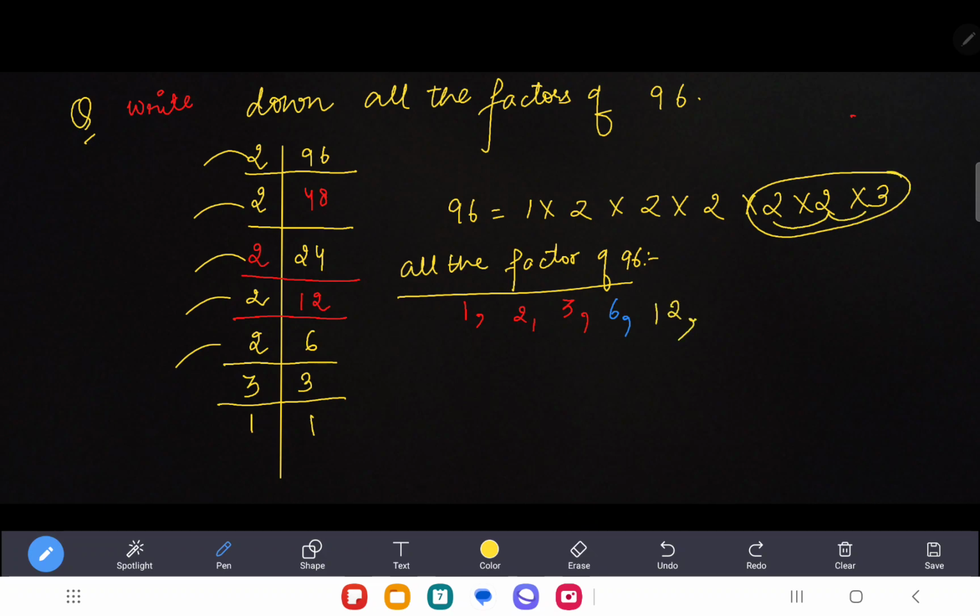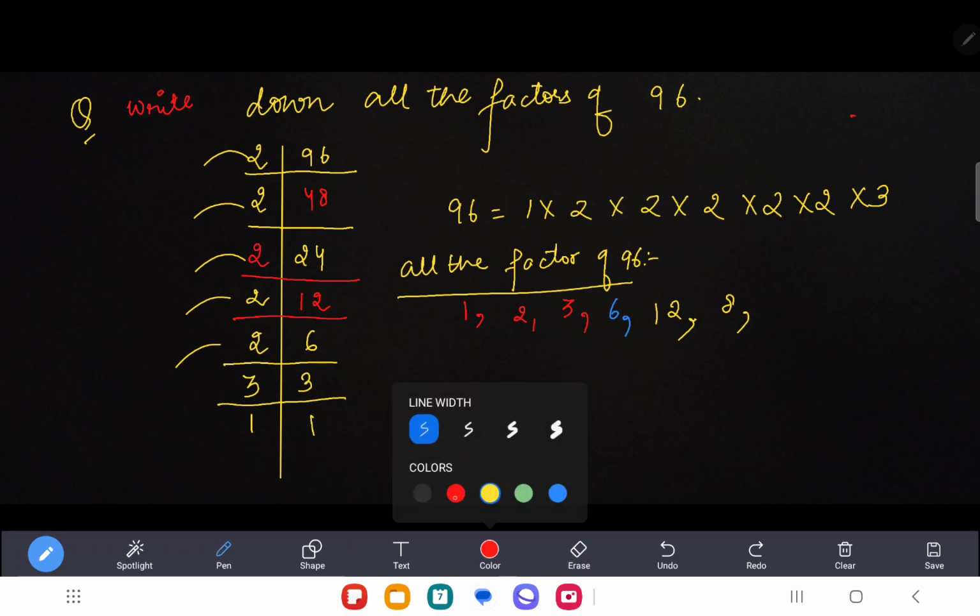Then 8. Good job. Then 2 times 2, 4. Okay, good job.